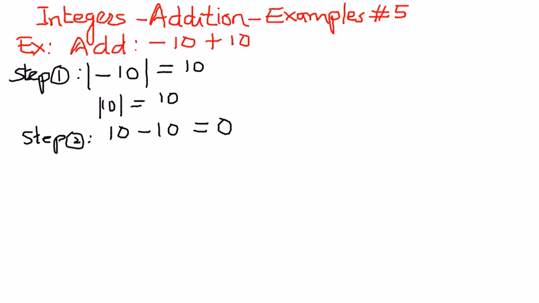So -10 plus 10, when we do the addition of those two integer numbers, the value is going to be equal to 0. So how do we arrive at the same answer using a calculator? Let me show you the steps involved. We're going to enter the number 10.